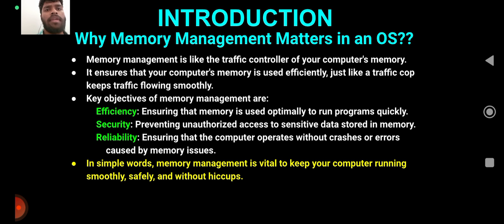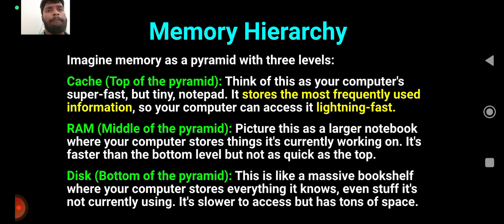And reliability is ensuring that the computer operates without crashes or errors caused by memory issues. In simple words, memory management is vital to keep your computer running smoothly, safely, and without any hiccups.